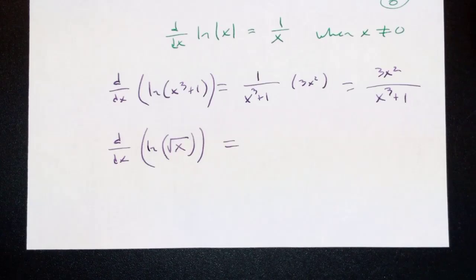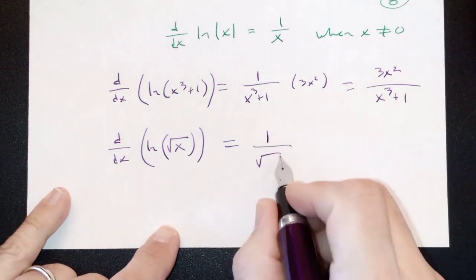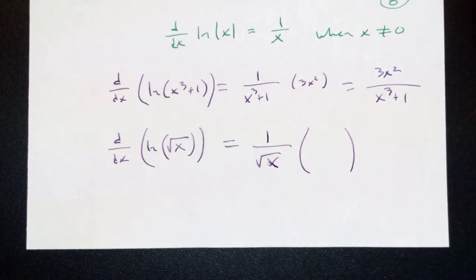However, sometimes simply applying the chain rule gives me really messy results. The derivative of the ln of the square root of x. Derivative of ln of stuff is 1 over stuff. But wait, there's more.